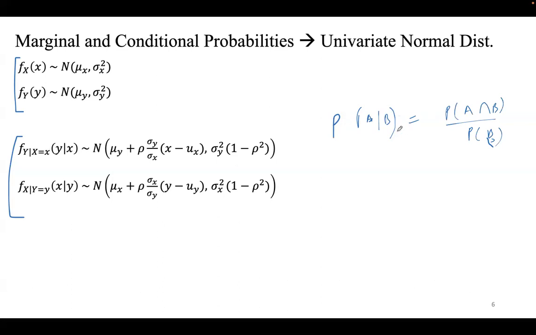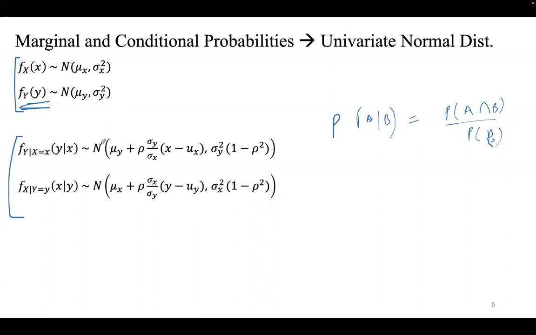The denominator is just the given one, x equal to a particular value of x, which means you need to do away with y. So the denominator is what you get when integrating over y, and the numerator is your original distribution. So it's the original divided by this one.